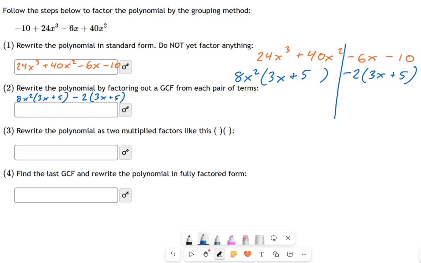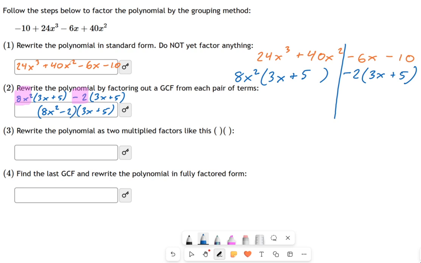And now to write it as two multiplied factors in this form, with the two parentheses there, you have to remember this trick for factor by grouping, where whatever the common factor was, this 3x plus 5 right there, that gets its own parentheses. So that looks like a parentheses down here, just like 3x plus 5. And whatever the coefficients were, that's this minus 2 and the 8x squared, those also get their own parentheses. So there's an 8x squared minus 2.